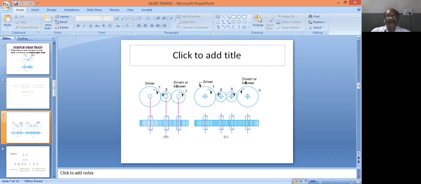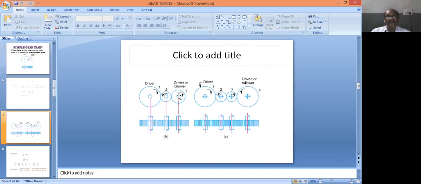Now look at diagrams B and C. If there is a large gap or distance between the driver gear and the follower gear, there are two ways to solve this problem. One, we can accommodate a larger gear in between to bridge the gap between gears 1 and 3.